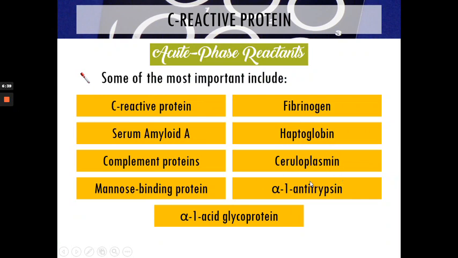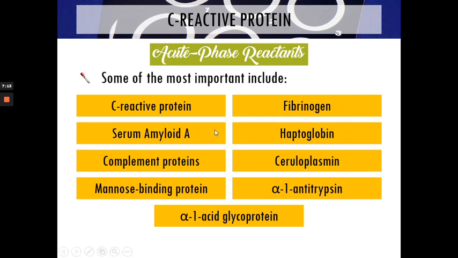Recall which disease has a decrease in ceruloplasmin? You have Wilson disease, right? Decrease in ceruloplasmin, and that's why you have an increase in copper. That's in your clinical chemistry. Just a recall, so those proteins that you were introduced to in clinical chemistry are also your acute phase reactants. These proteins also help in fighting off pathogens in your innate immunity.